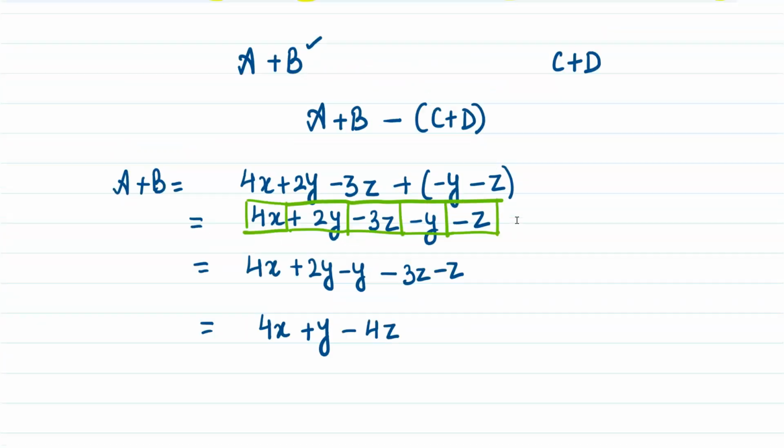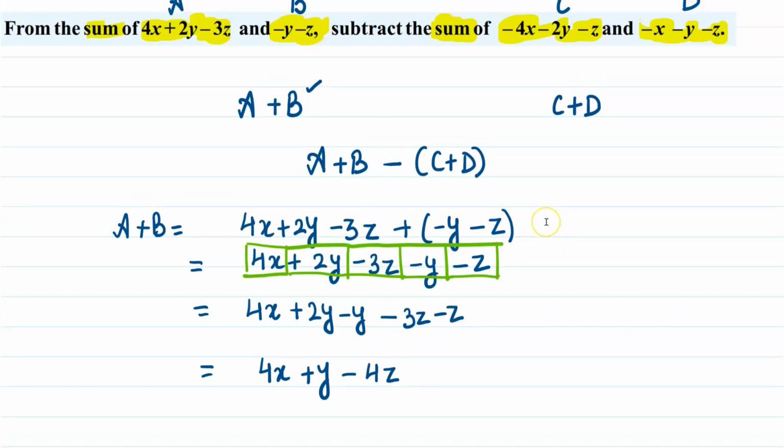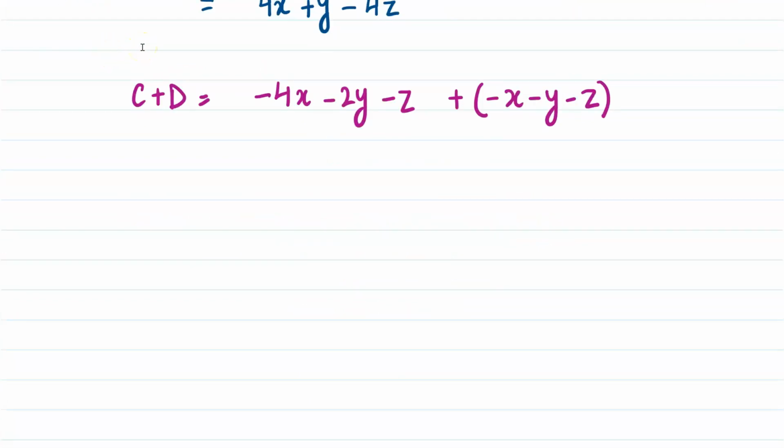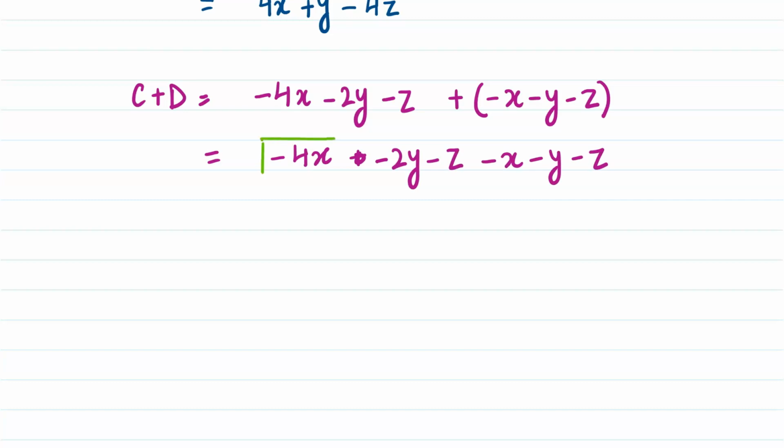Let's add C and D. The expressions C and D. So when we open the bracket, the signs won't change because we are adding. So we get minus 6, minus y and minus z. Let's look at the terms. What are the terms? Minus 4x, minus 2y, minus z, minus x, minus y and minus z.